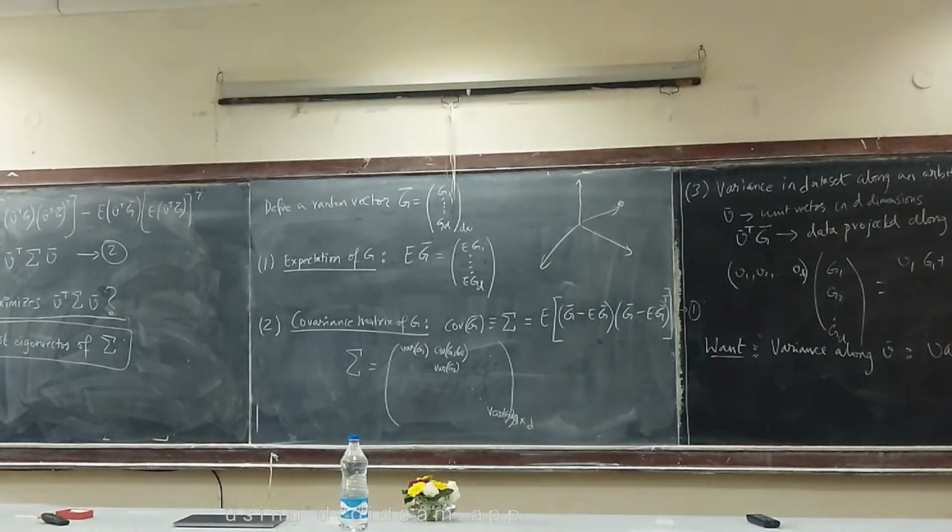The first eigenvector of the covariance matrix gives you the direction of maximum variance in the data. Only if this is a unit vector. Yes, exactly, very good.